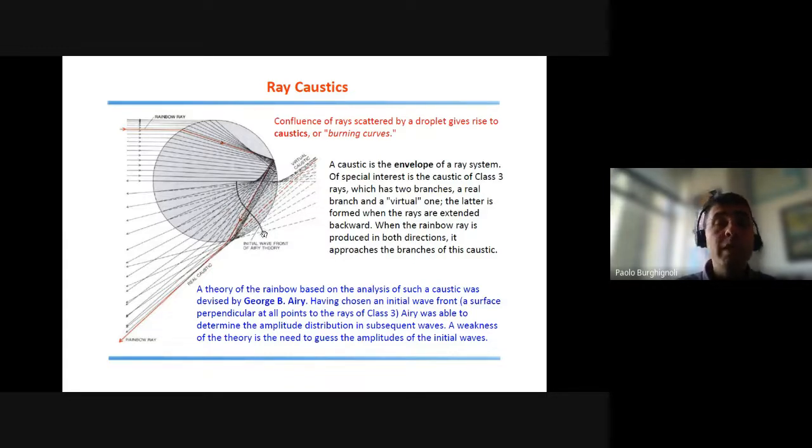And by guessing the amplitude of the wave function onto this initial wavefront and using the standard radiation integral, George Airy was able to, for the first time, account for many of the characteristics of the rainbow that were not explained by the already existing theories.